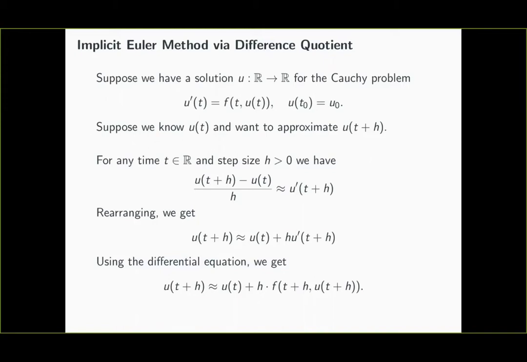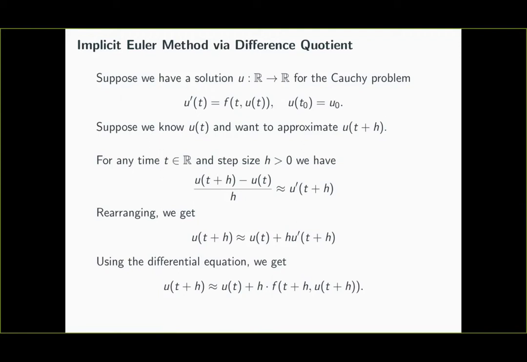And similar to the derivation of the explicit Euler method, I simply now use the differential equation in order to replace u prime by the right-hand side f. So I end up with the approximate identity u of t plus h being roughly the same as u of t plus h times f of t plus h, u of t plus h.